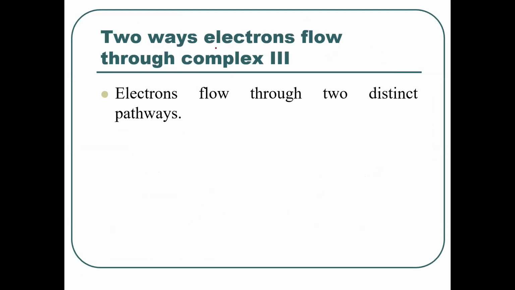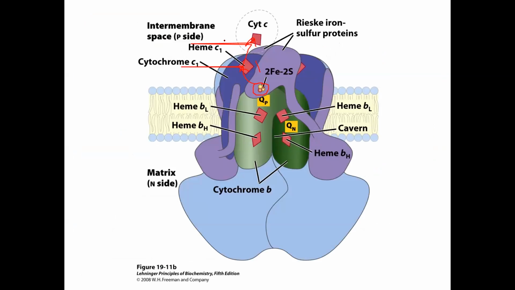So if we were to go from here, this would be 1. Here's Q sub P. Here's Q sub N. I've got some sort of frog in my throat. So the first set of electrons go here. Second set go to Q sub P, which then go here.